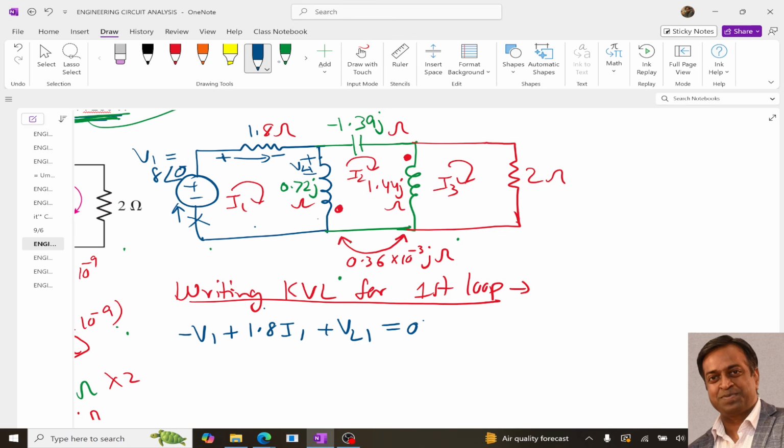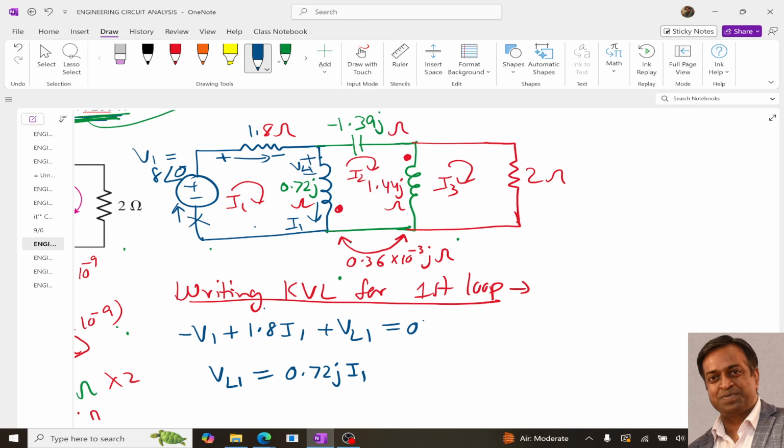Now what is this VL1? Over here we have the self inductance as well as the mutual inductance. For the self inductance, since current I1 is flowing in the downward direction, the voltage that will be induced in this inductor due to self inductance will be L di by dt, or simply 0.72 j I1, right?